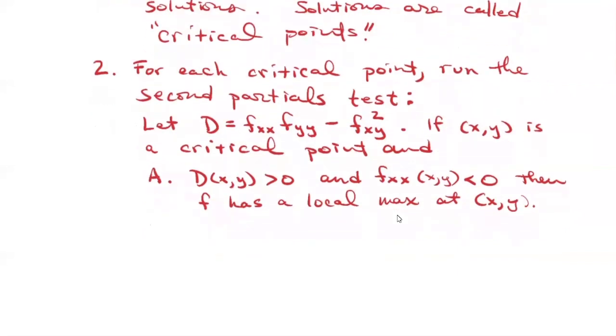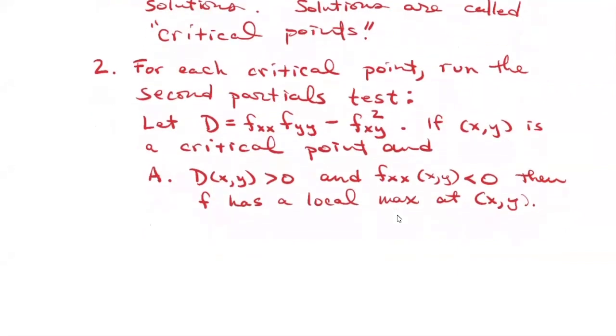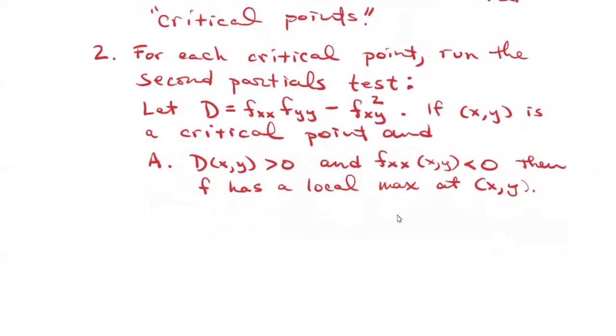Okay. Why this is true depends on the direction. You have to learn to compute something called a second directional derivative to prove this. And this D thing that you're looking at is related to the second directional derivative. Basically, if a second directional derivative is negative, it's concave down in every direction.